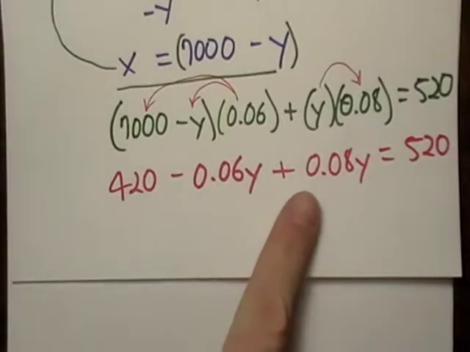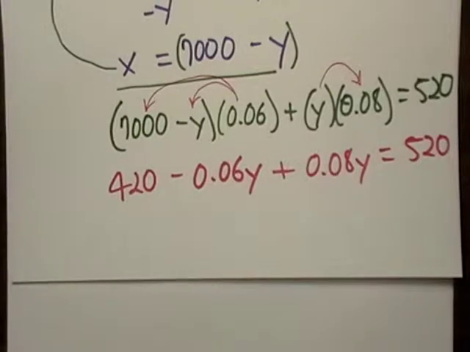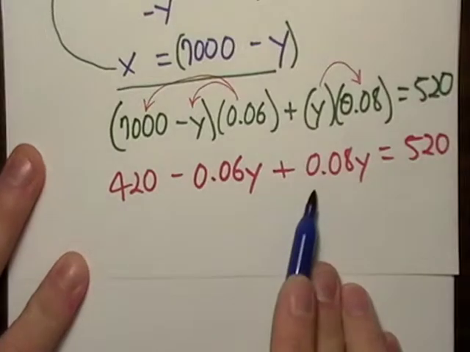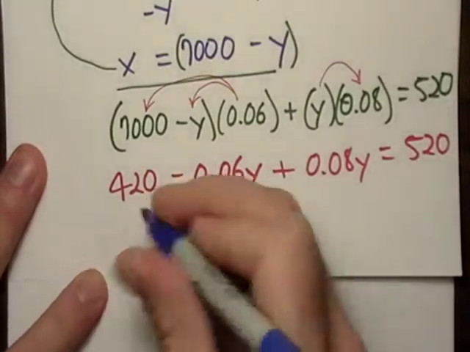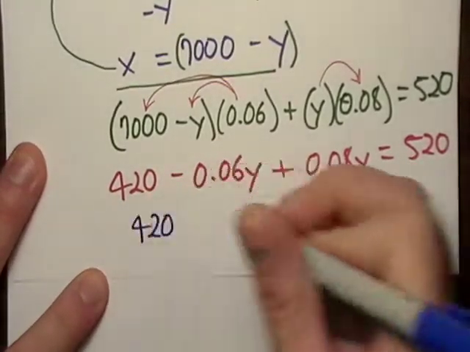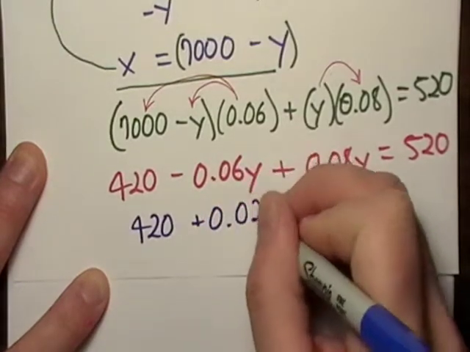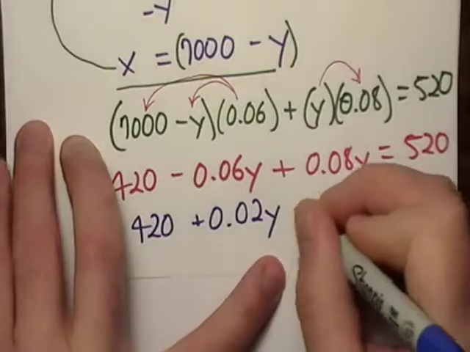Now I have two like terms here: negative 0.06 plus positive 0.08. That's just going to give me 0.02.